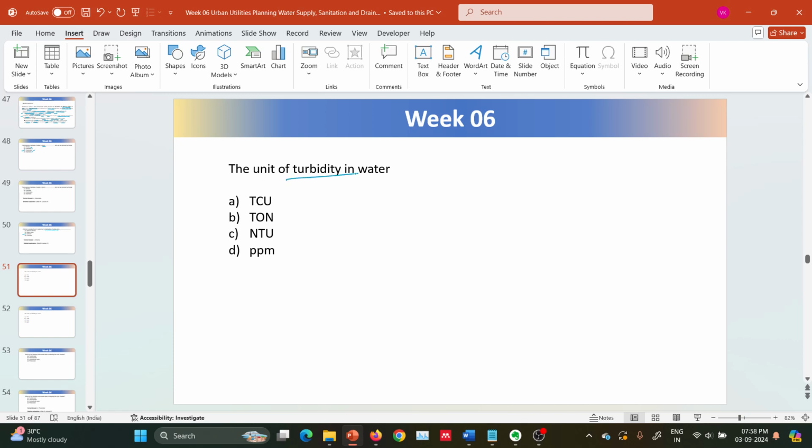What is the unit of turbidity in water? TCU is true color unit. This is for color, as the name suggests. TON is threshold odor number. This is for odor, as the name suggests.